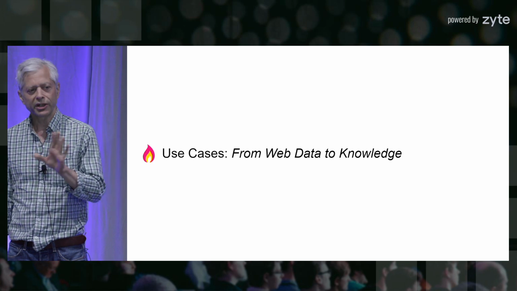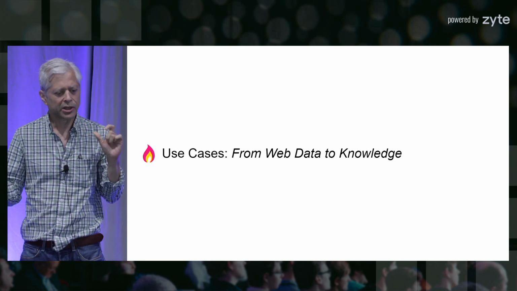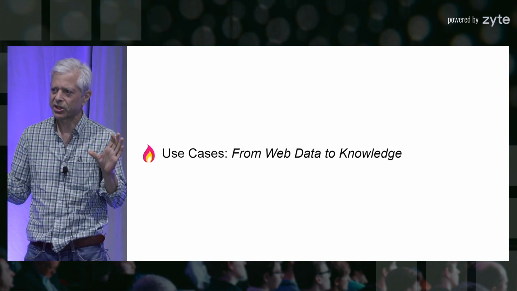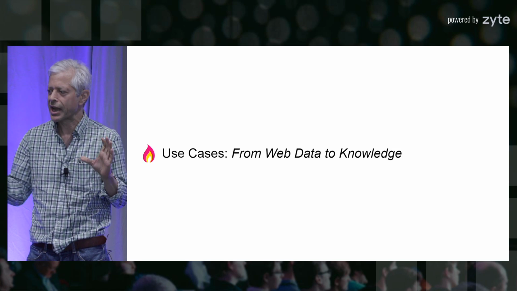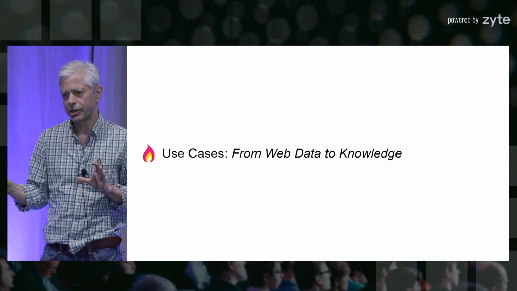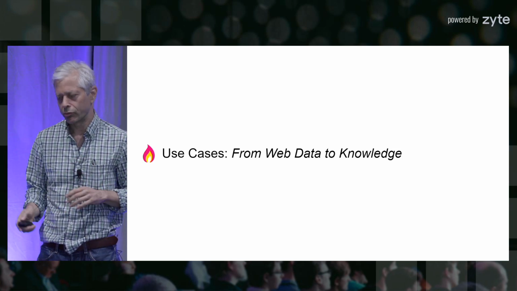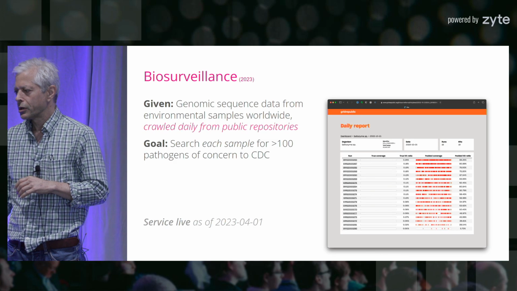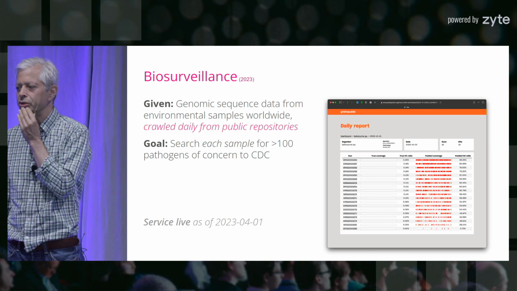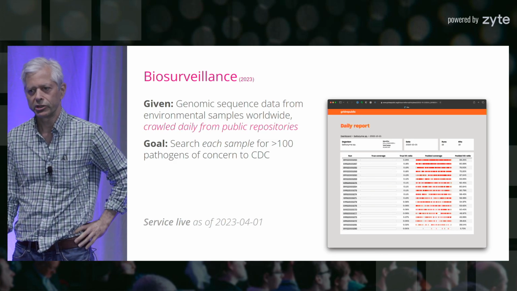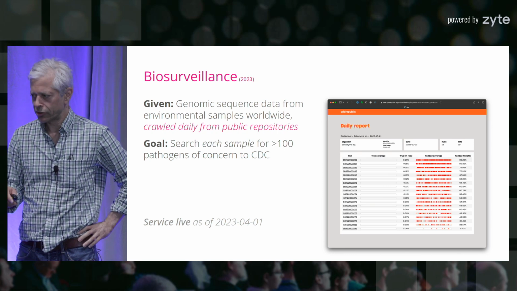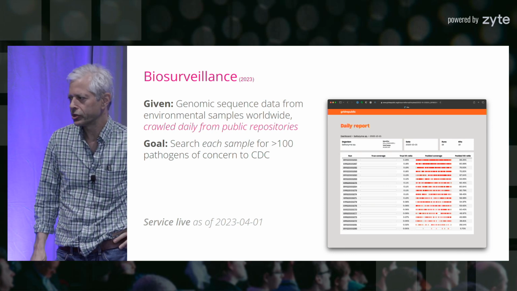So I want to talk to you about some use cases that focus on some of the special things you can do when you have the hybrid of computing capacity integrated with your crawling network. The first project here is one we're doing with the CDC, the Centers for Disease Control in the United States.